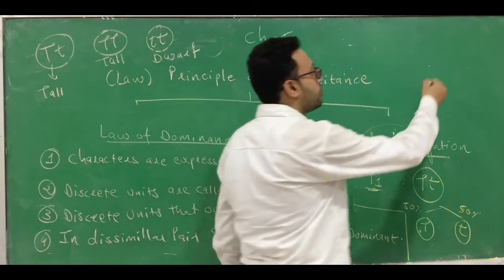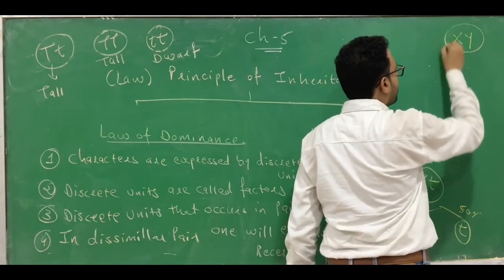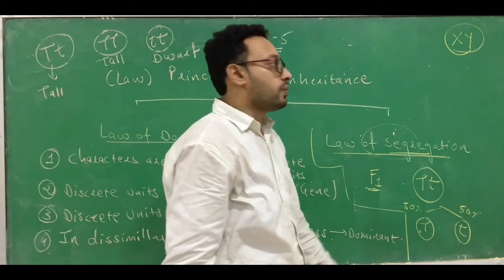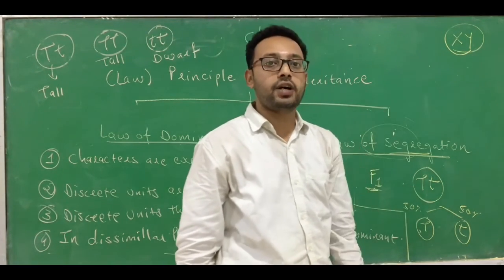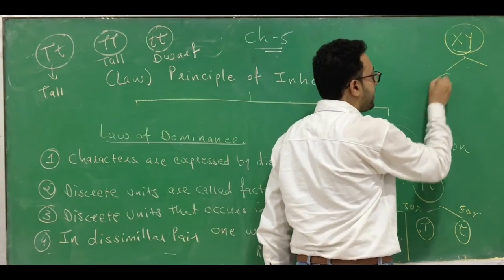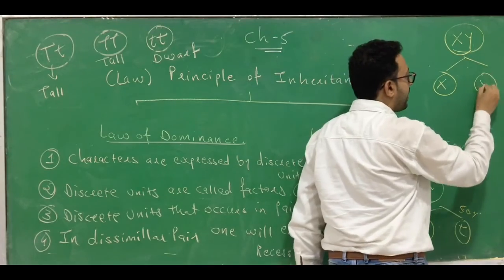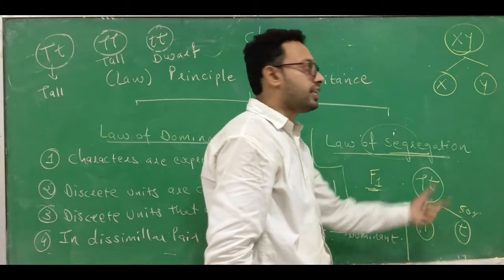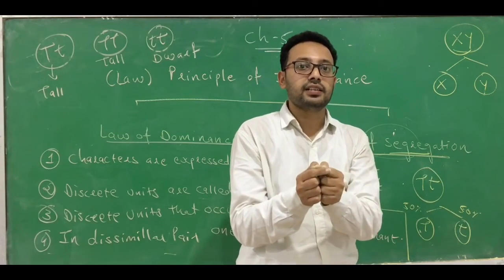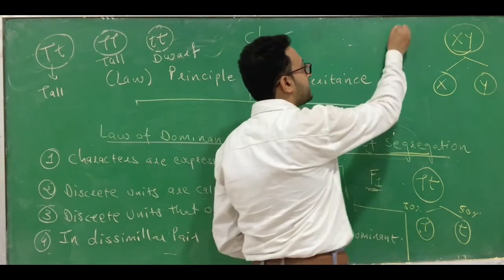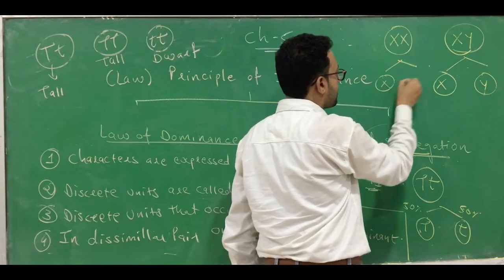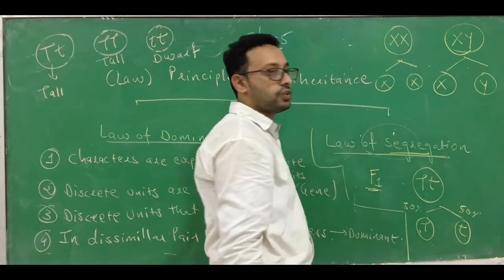Like even in a human being, you know that the male contains XY. The 23rd pair of chromosomes is XY. So in the case of a male, half the sperm contain an X and the other half contain a Y. That you already know. It doesn't get mixed. But if you consider a female, XX, then both get the same X. Clear?